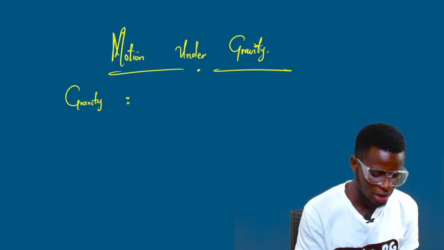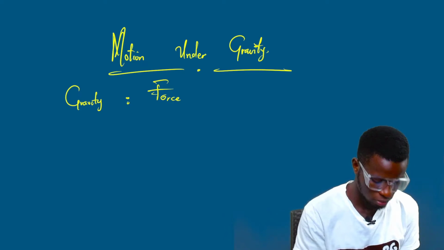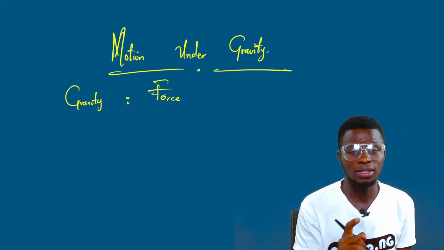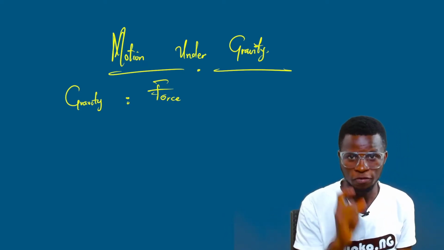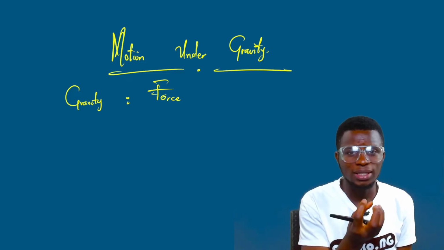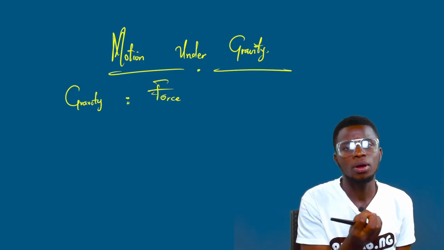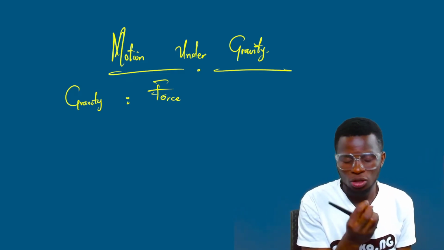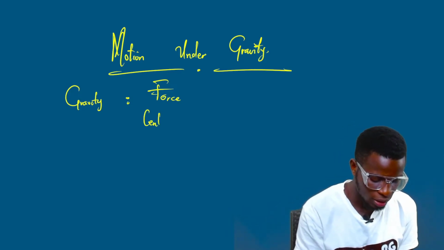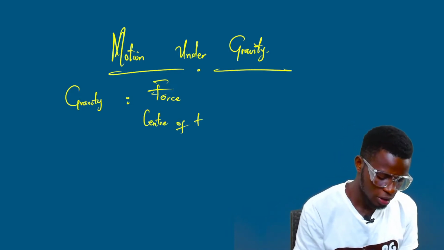Number one thing is that gravity is a force. That's the first thing you have to note, that gravity is a force. And this force tends to pull objects towards the center of the earth.